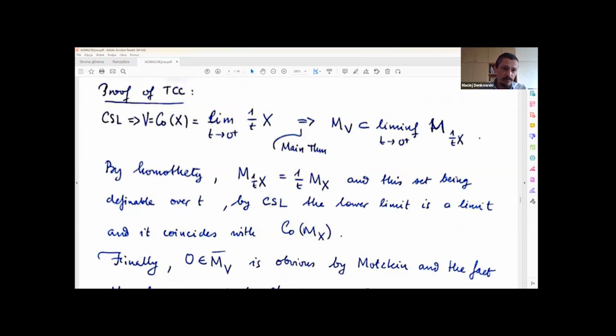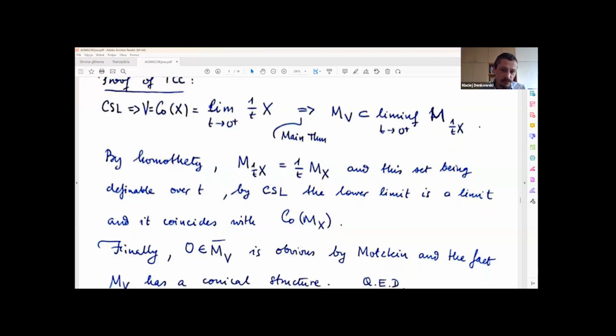By the main theorem, we know that we have this inner semi-continuity, and the only thing we have to do is to understand what are the medial axes of the dilations of X. And by homothety, nothing else, we see that the medial axis of the dilation is the dilation of the medial axis of X. And again, you get something that is definable, and by the curve selecting lemma, when you take the limit inferior, you get exactly the tangent cone. So this gives us the inclusion.